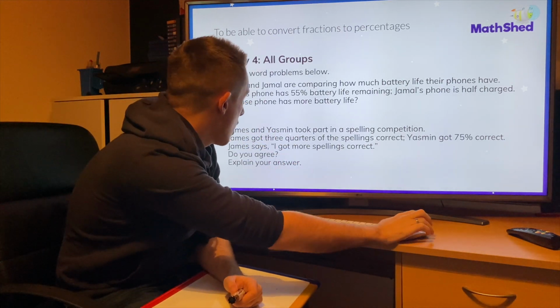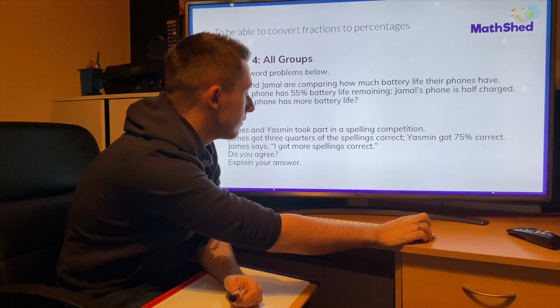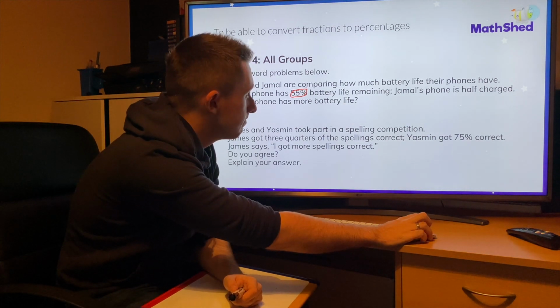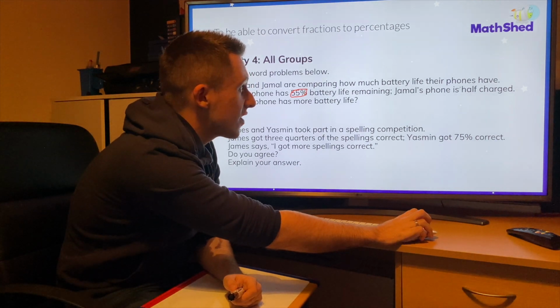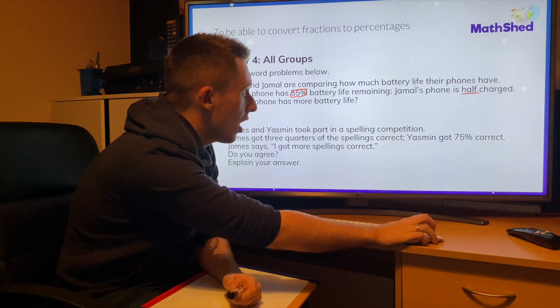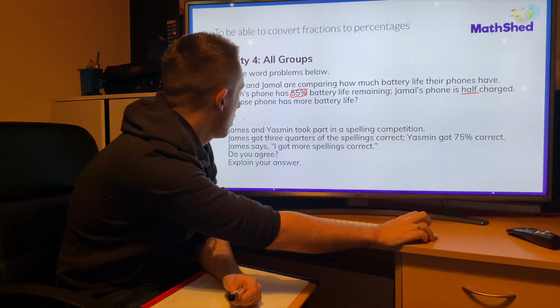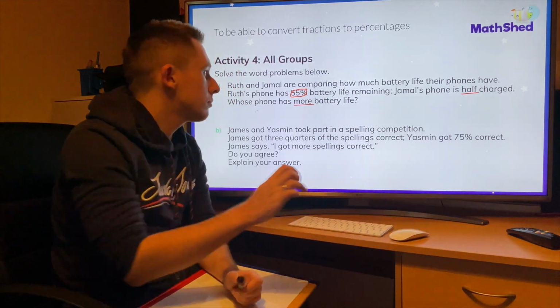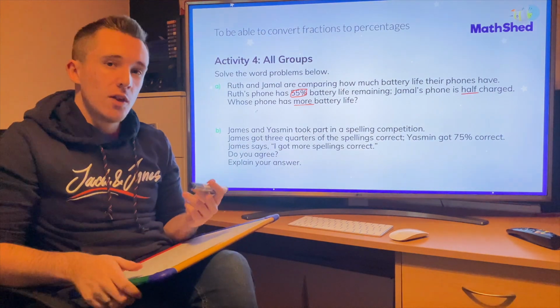It really doesn't matter. Ruth's phone has 55%. Well, that's probably quite important. 55%. Jamal's phone is half charged. 55%, half. Whose phone has more? Those are the bits that matter.